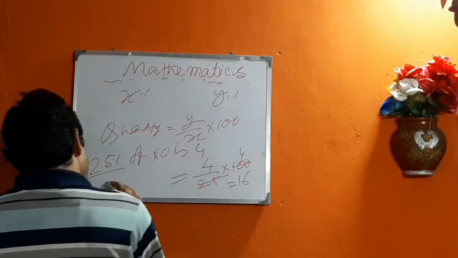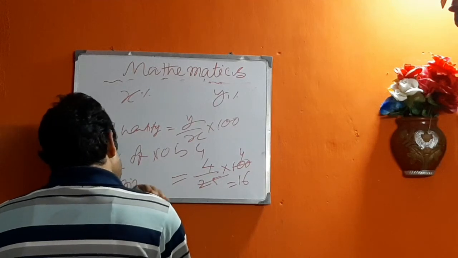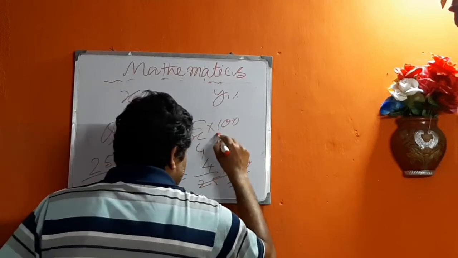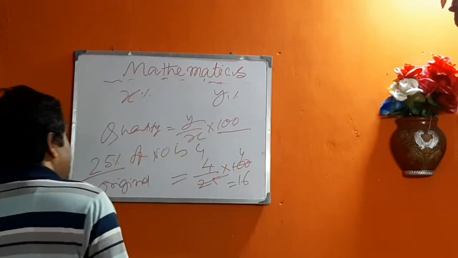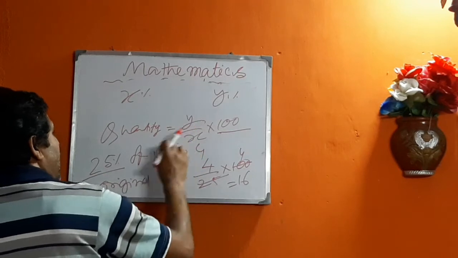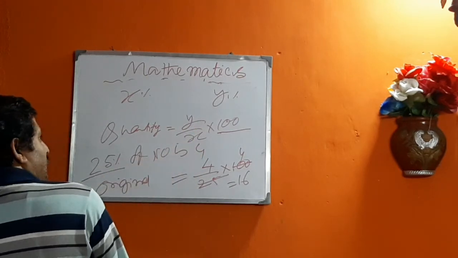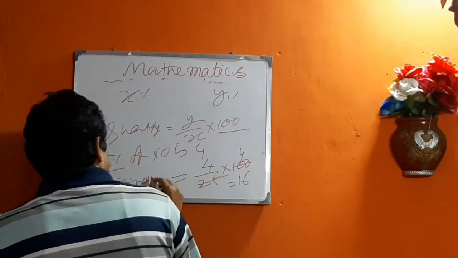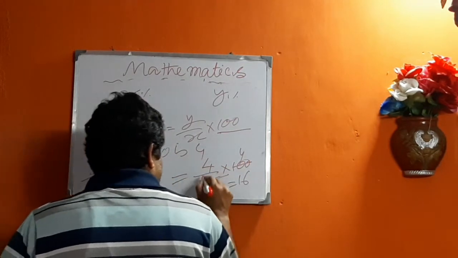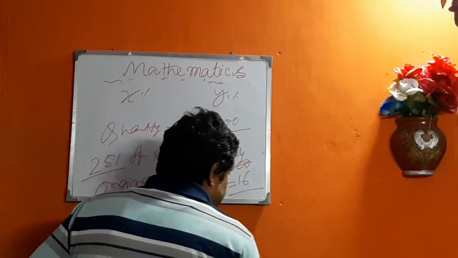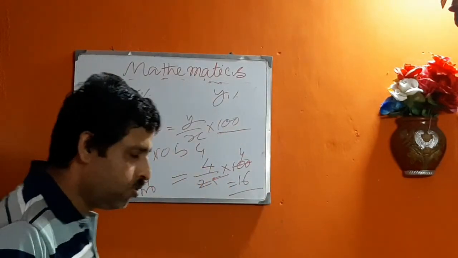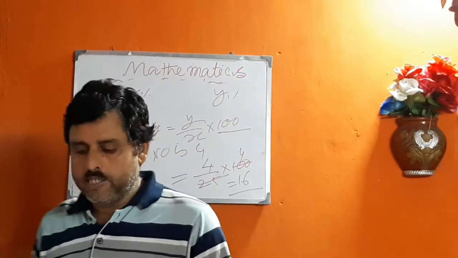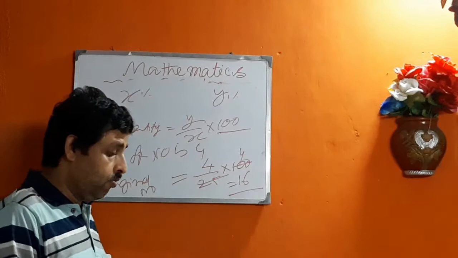The formula is y by x into 100. So the original number is 4 by 25 into 100, that is 16. So this formula can be used to solve a problem related to percentage very well and very quickly.